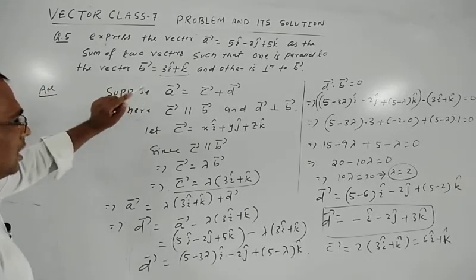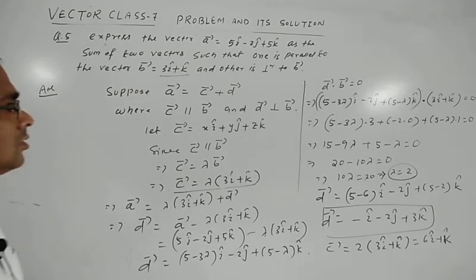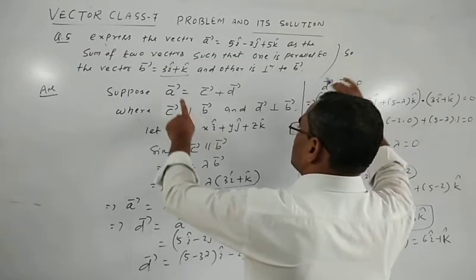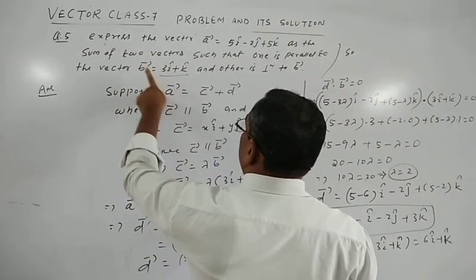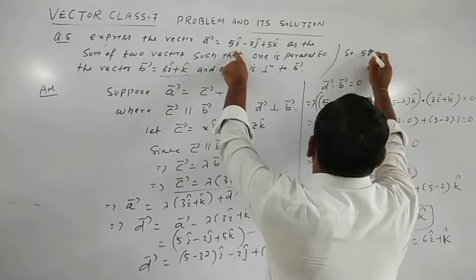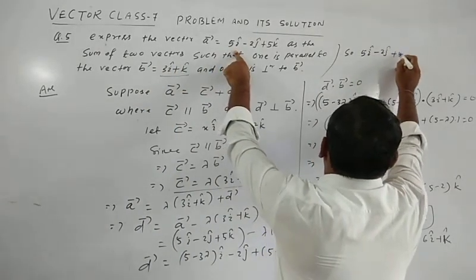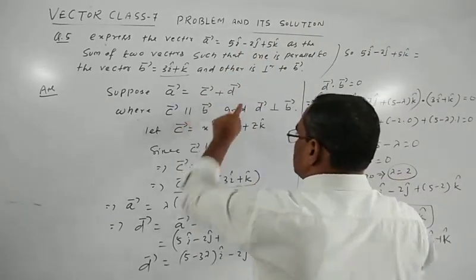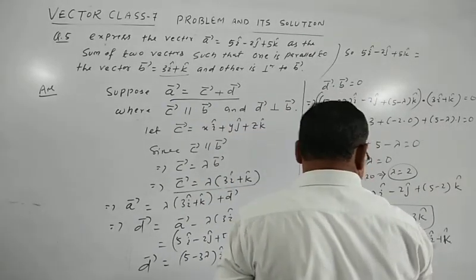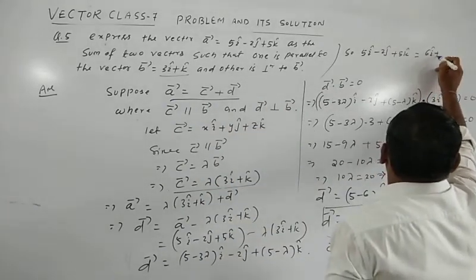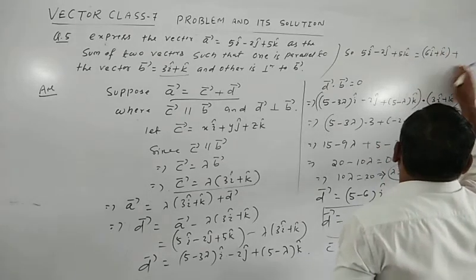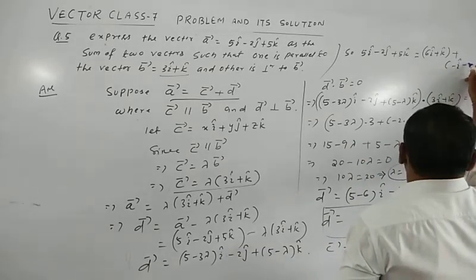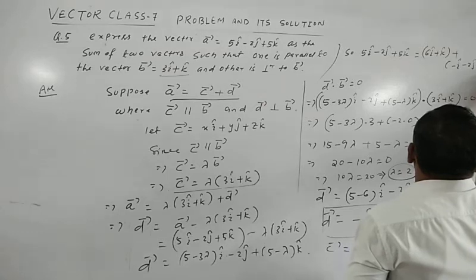So a vector is equal to 5i cap minus 2j cap plus 5k cap, which is equal to c vector plus d vector. c vector is 6i cap plus k cap, and d vector is minus i cap minus 2j cap plus 3k cap.